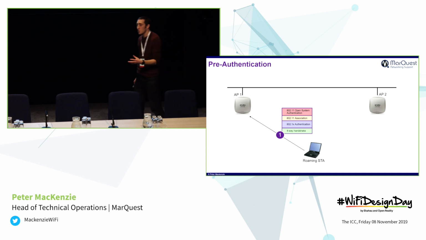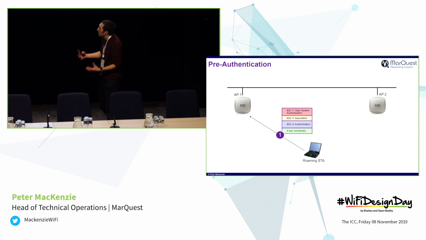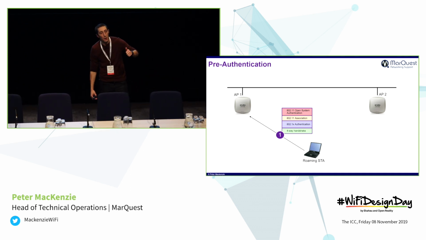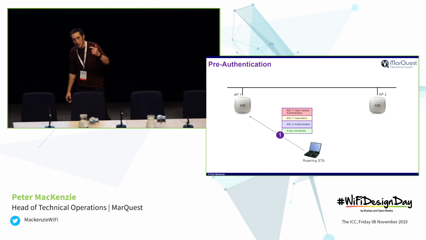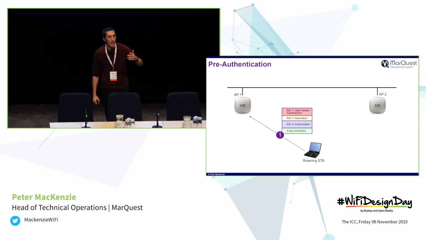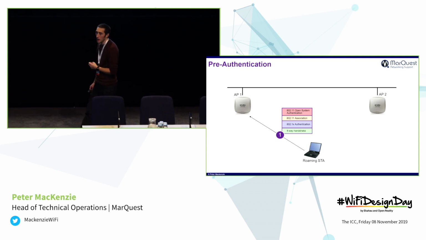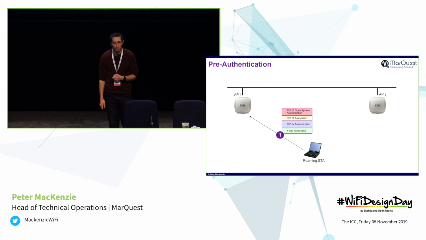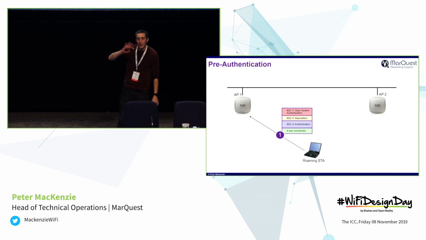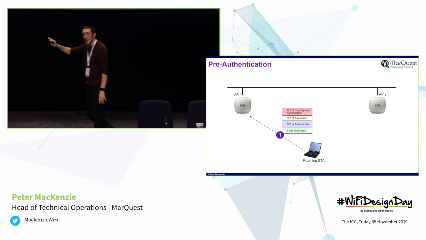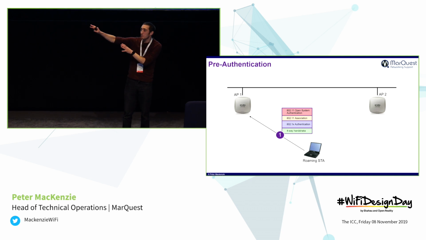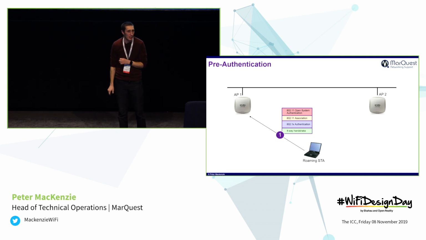This is how PreAuthentication works. When we first associate, just like with all the other methods, we have to do open system authentication, association, 802.1x, four-way handshake. And we cache the pairwise master key. This time, as the client is roaming towards AP2, it goes, hey, AP2's over there. That might be an AP I want to associate to.